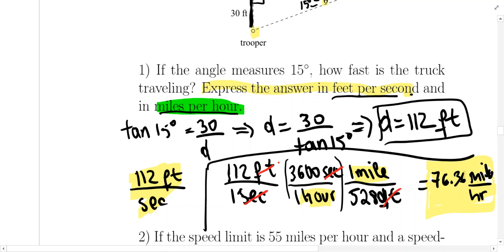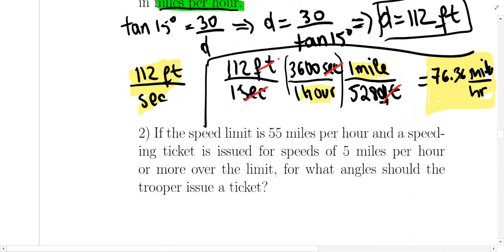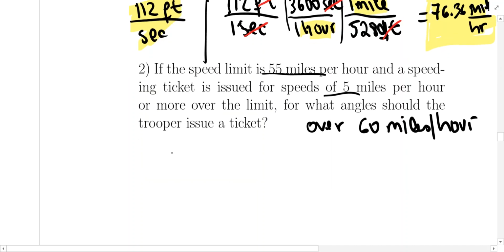Now, what if the speed limit is 55 and a ticket is issued for speeds of 5 miles per hour over or more? So basically, you are getting a ticket if you're going how fast? Over 60 miles per hour, right? All right, so basically we need to find the angle.